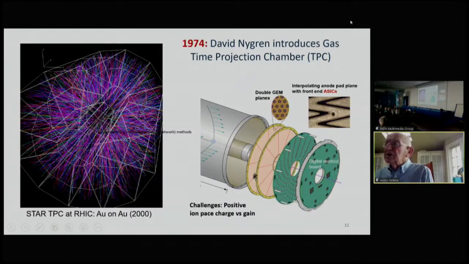The challenges in these detectors were positive ion space charge versus gain. One of the, I would say, continuing design issues.